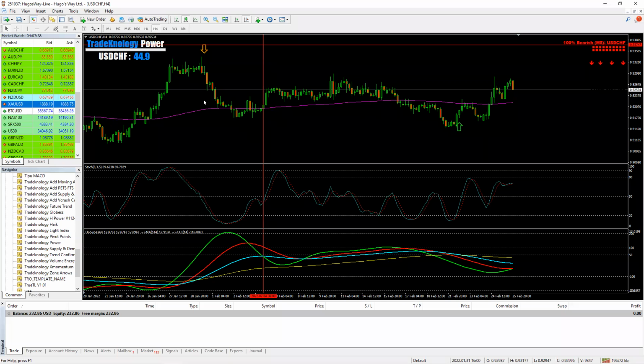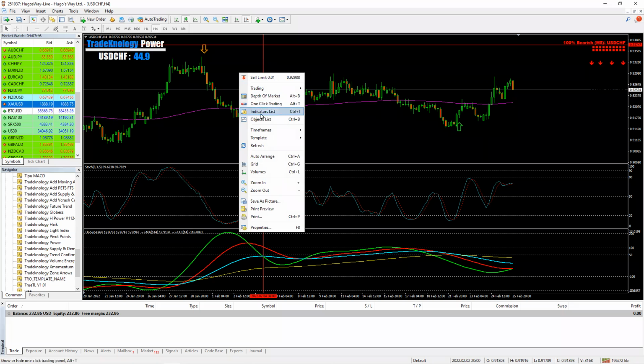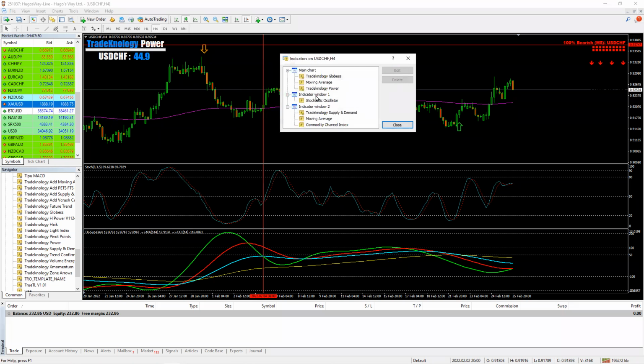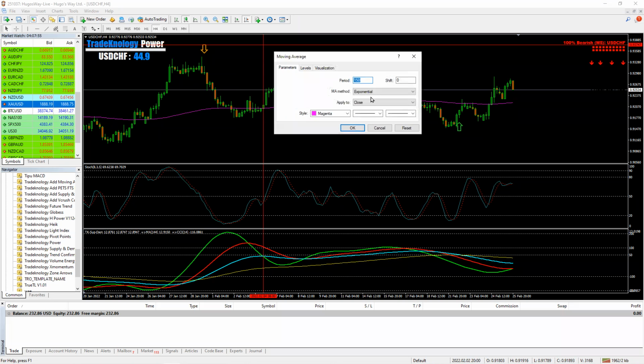Hey, Edgar, what's your moving average on the purple and your moving average down in the stochastic? Okay. Your moving average on the purple. Let me go ahead and come over here to the indicators list. Moving average on the purple is going to be set to 150, and it's going to be an exponential moving average. Okay, and I chose magenta for the color. You can choose whatever color you want.